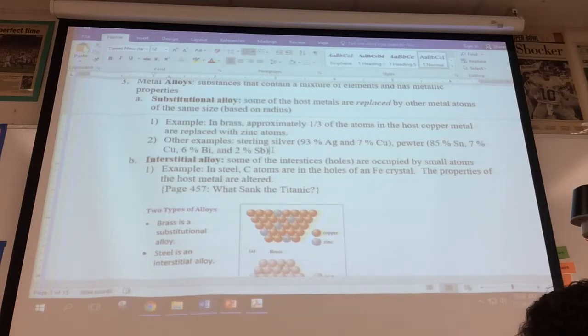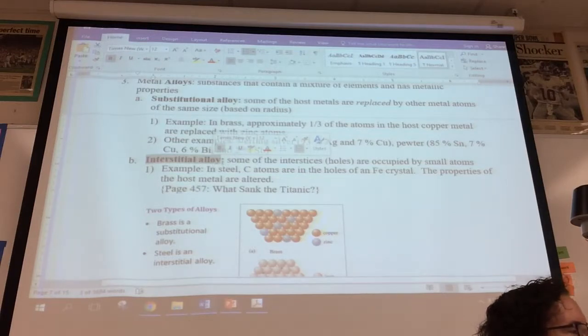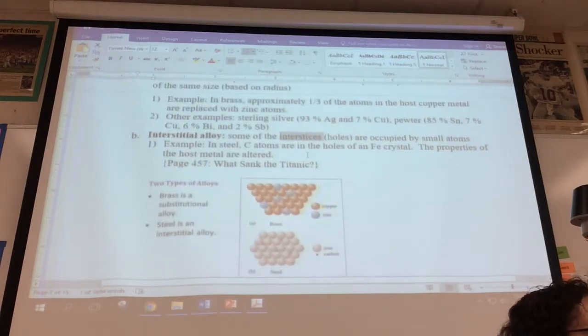Alrighty. Another type of alloy is an interstitial alloy. This one will make more sense in regard to strength. What you're going to see here, an interstice is a hole. Interstices are holes, and they're going to be filled in essentially by very small atoms. So in steel, you're going to plug the holes with carbon.